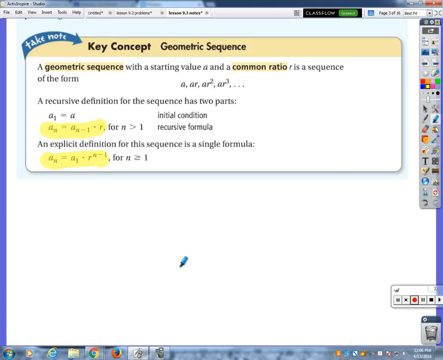That's where you take the first term and multiply it by the common ratio to the n minus 1 power. Because just like with arithmetic sequences where you add 1 fewer times, you're also multiplying by 1 fewer times than the term that you're trying to find. Jot that down in your notes real quick, and then we will do a couple of examples.